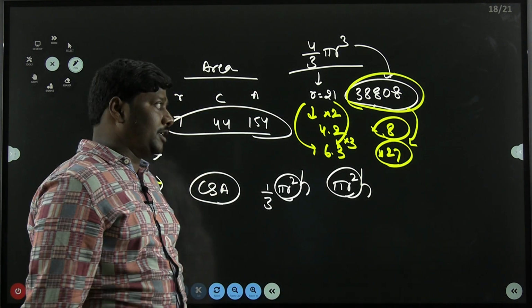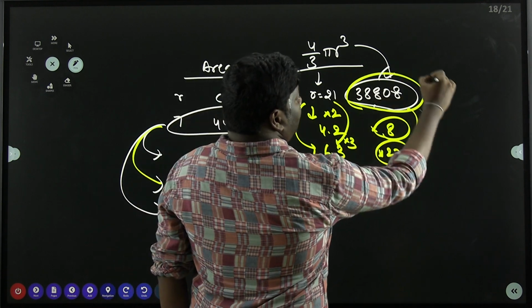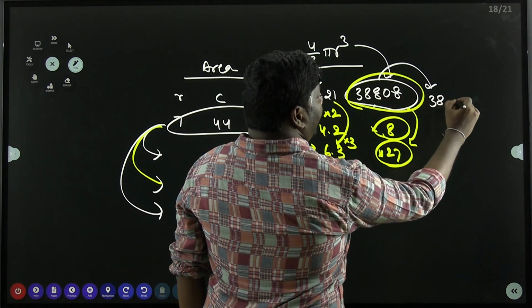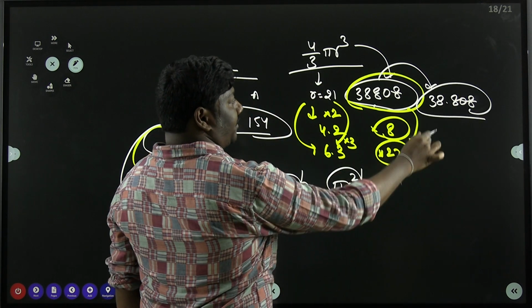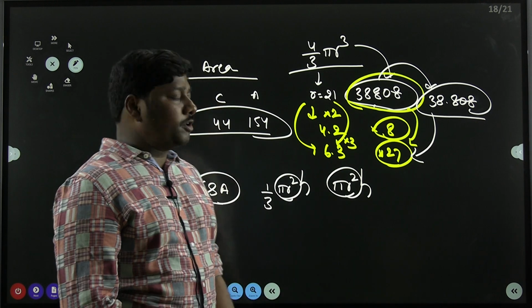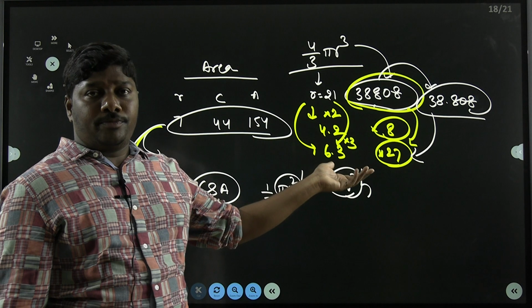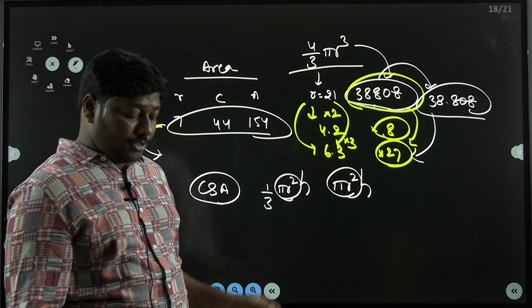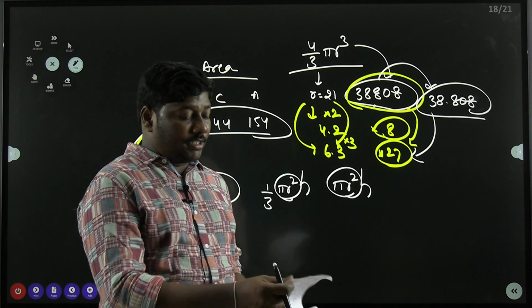If the radius becomes 2.1, this volume becomes 38.808 into 27. So you can approximately guess it will be near to 800 or near to 900, and put the option. So within seconds you can do it if you have these formulas available.